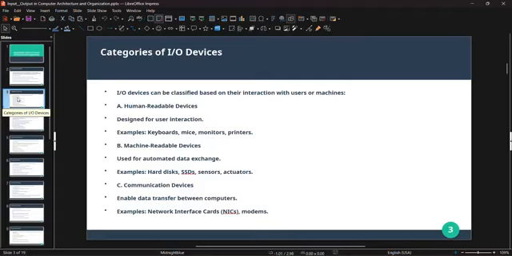The machine readable devices are used for automated data exchange between the CPU and the memory, so we have hard disks and SSDs, sensors, actuators. Communication devices enable data transfer between computers, so the network interface card, the PCIs, the modems and all those devices. So these are the categories of input output devices.